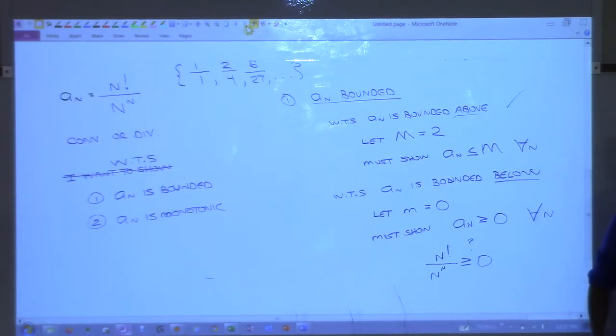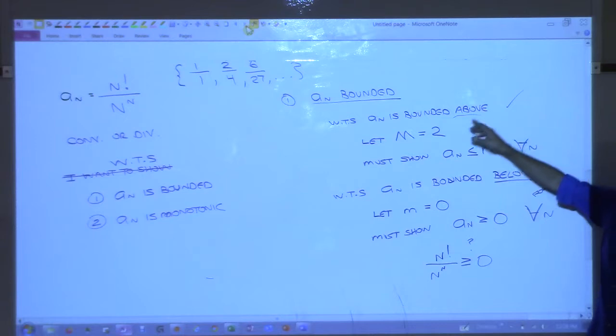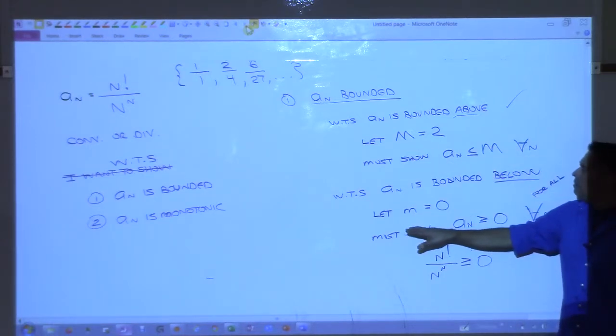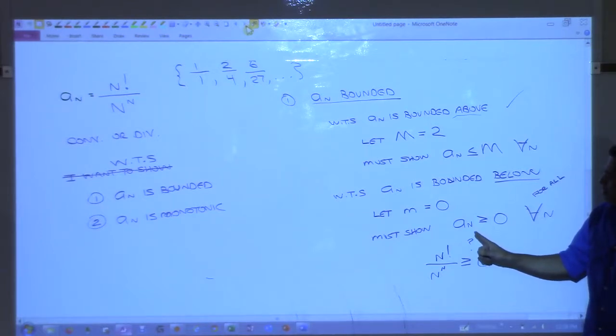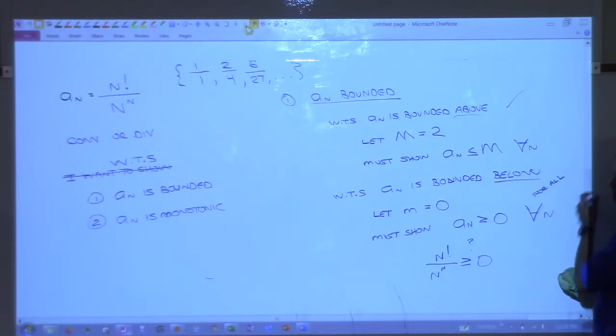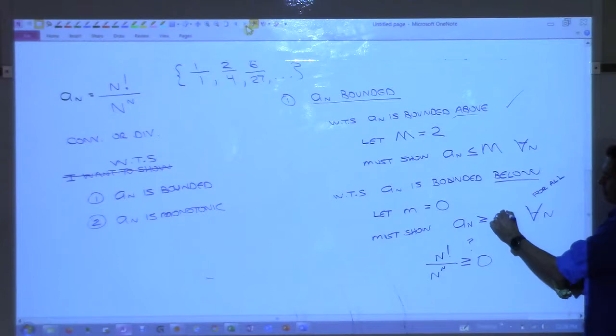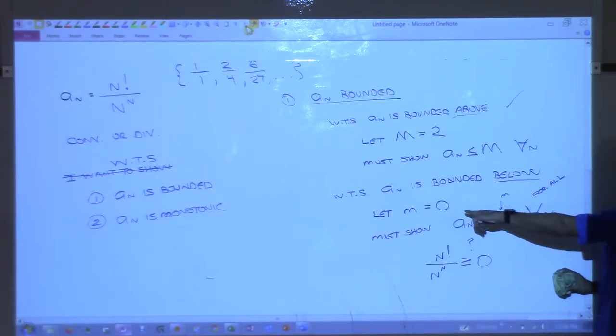Yes? For all. This means for all n. Yes? On the bounded above, you did n. A capital M? On the bottom you did 0 instead of the... Oh yeah, I did. This should be little m, but I let it be.